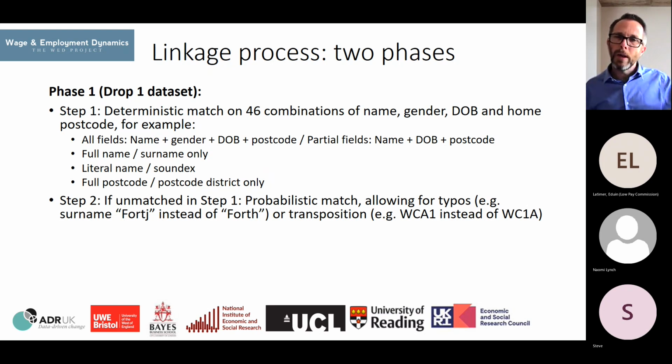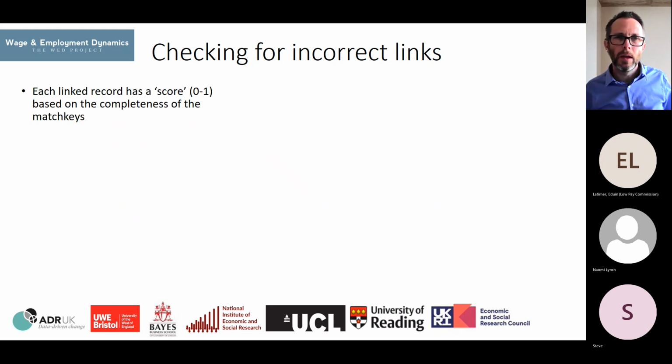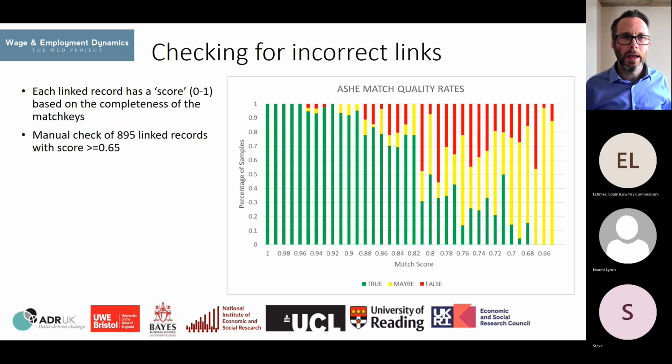But maybe if we couldn't find a link that way, but we managed to find a link only on the surname and then the gender, the date of birth, and the postcode, that linkage would get a slightly lower score. So each linked record that comes out of this process is scored on the likely accuracy of the link. And then what ONS do is a load of manual checking.